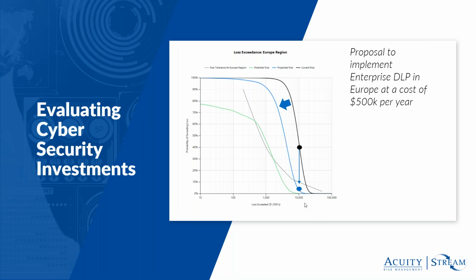Now, we've also modeled enterprise DLP. We're going to assume that if we implement it, we're going to implement it effectively in the way in which it should be deployed, but we need to estimate the strength of that control. And there are a number of ways that we can do that.